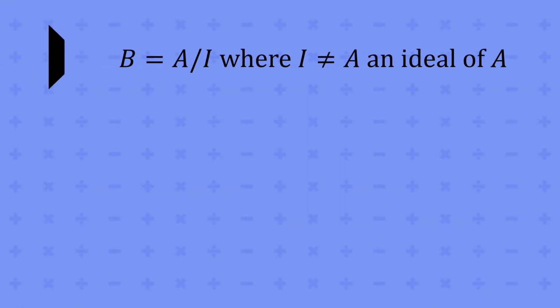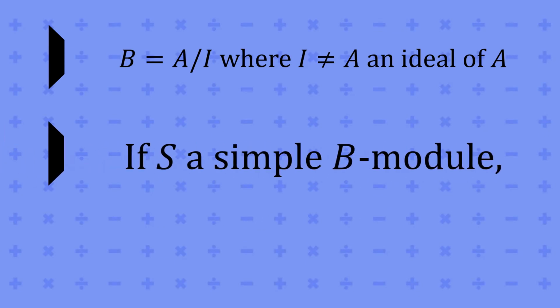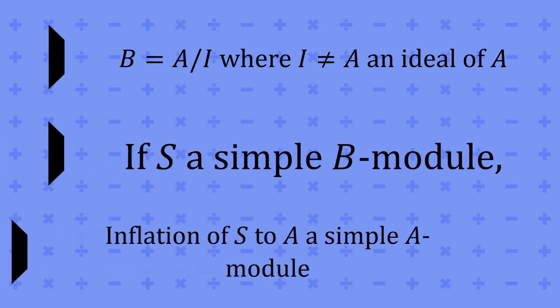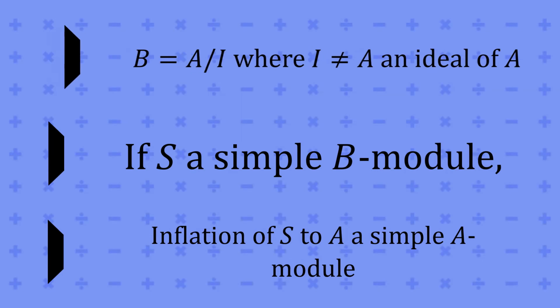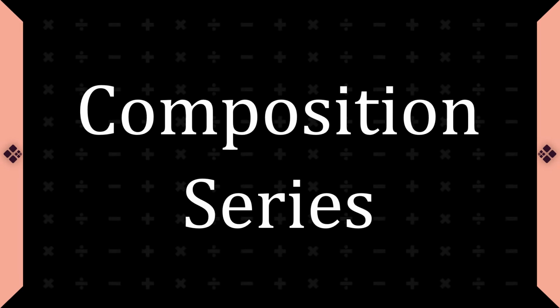Let B be A over I, where I not equal to A is an ideal of A. If S is a simple B module, then the inflation of S to A is a simple A module.